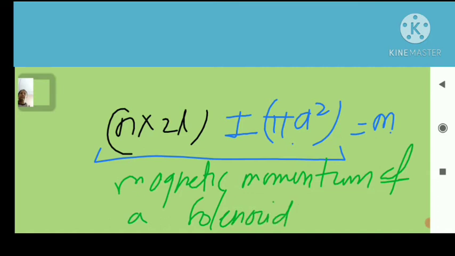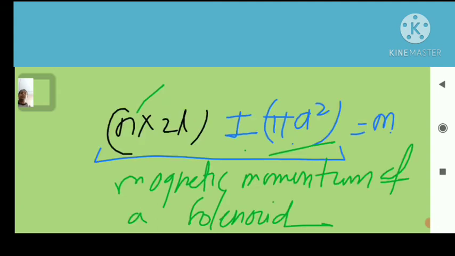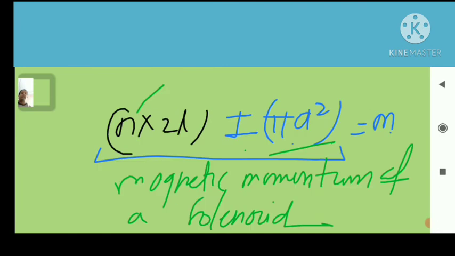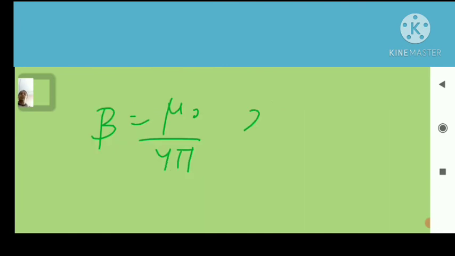Here n into 2L is the number of turns, where 2L is the length of the solenoid, I is the electric current, and pi a square is the area of the coil. So it gives the magnetic moment of a solenoid. So finally we can write B is equal to mu naught by 4 pi, then pi and I, so we directly write 2m by r cube.